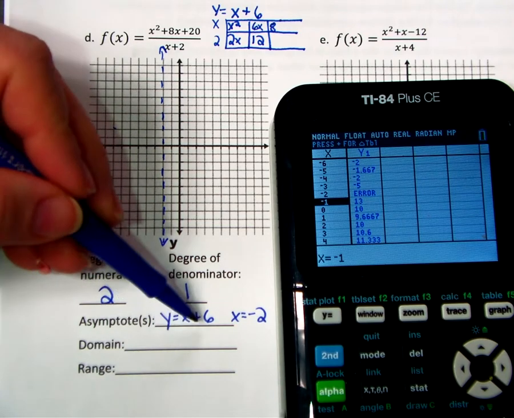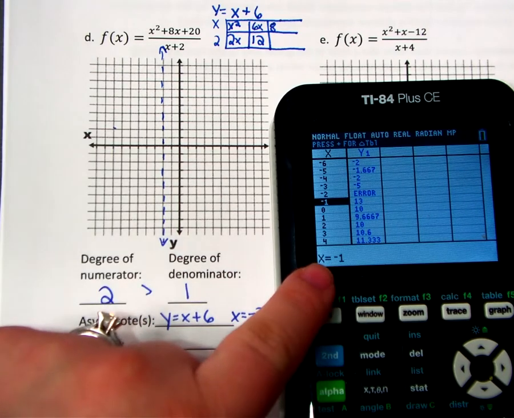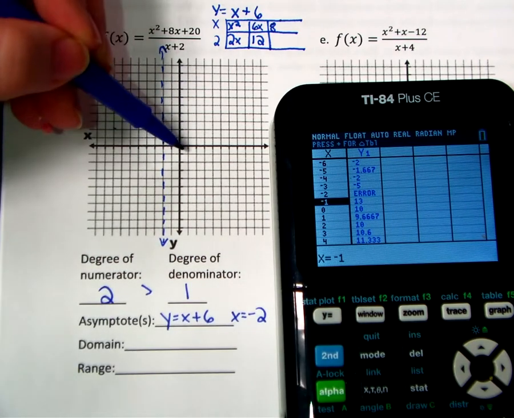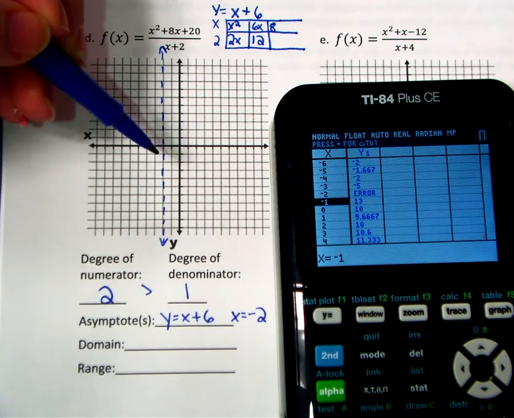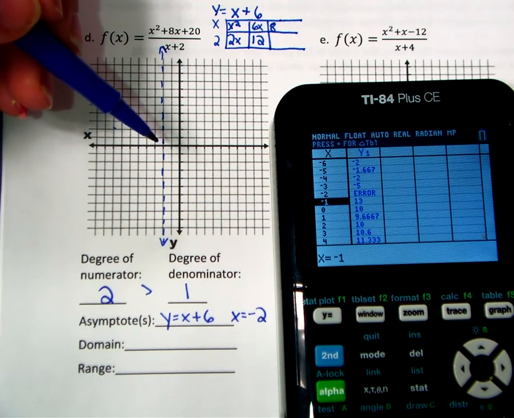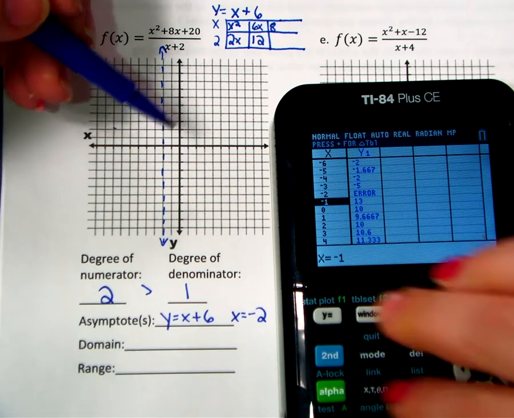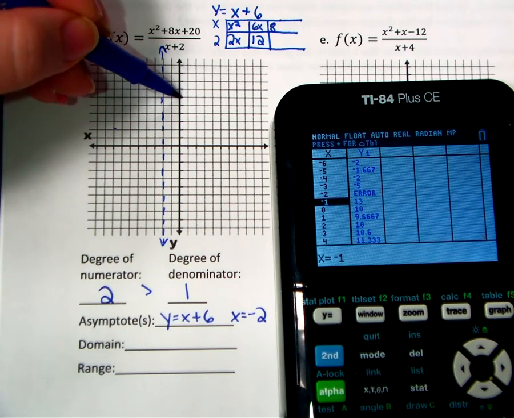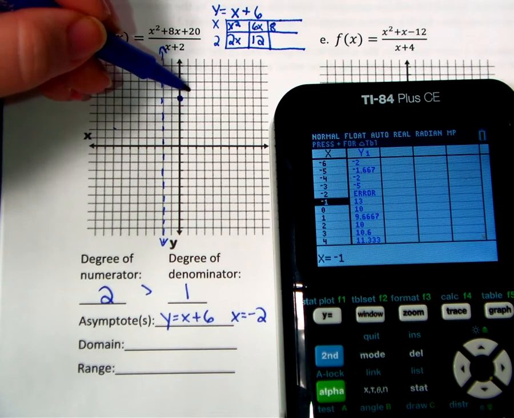You can plot it with your calculator if you want, or you can use our trusty old slope and y-intercept form. So the y-intercept is 6, up 1 over 1 for the slope.